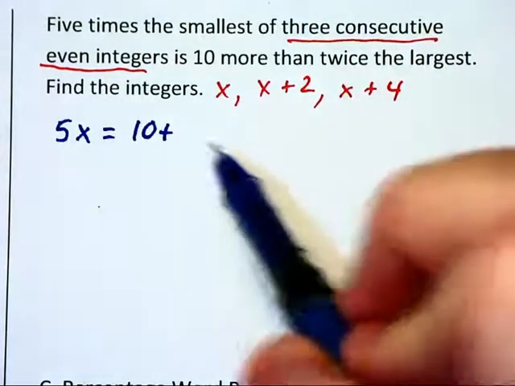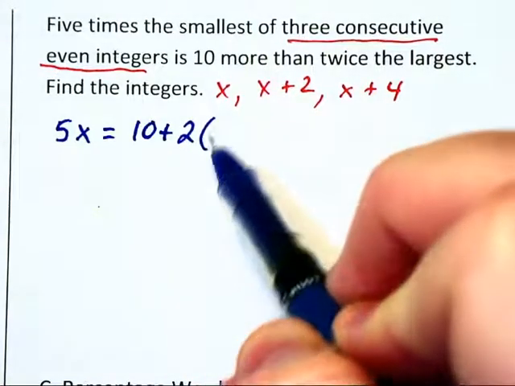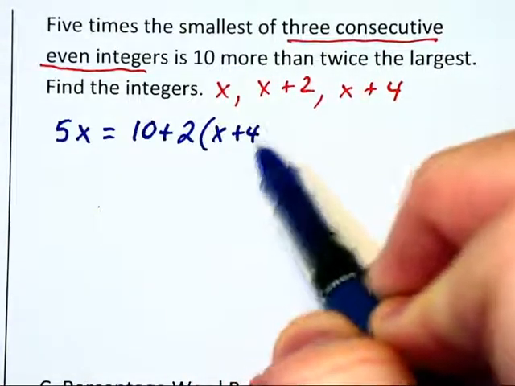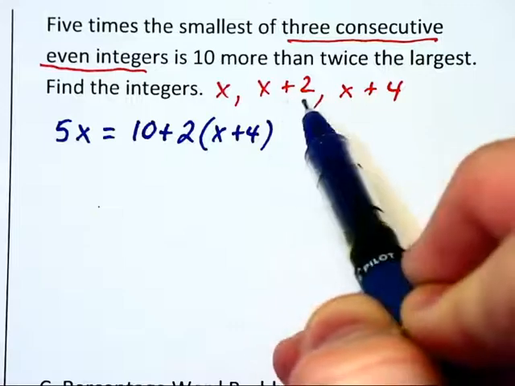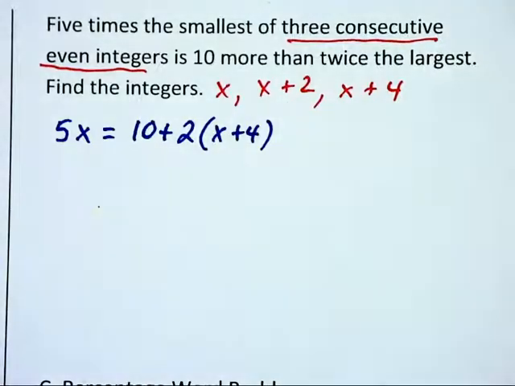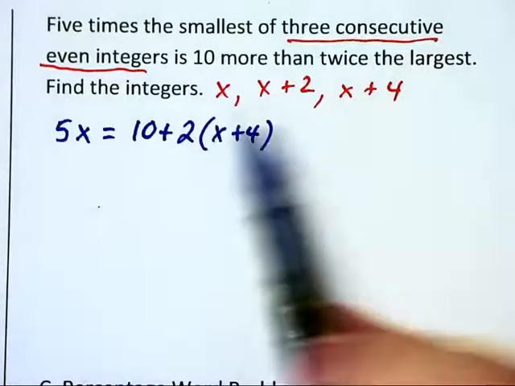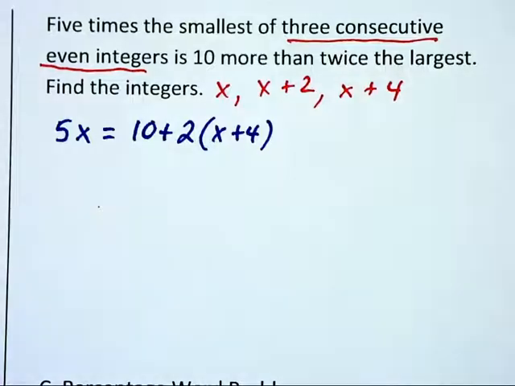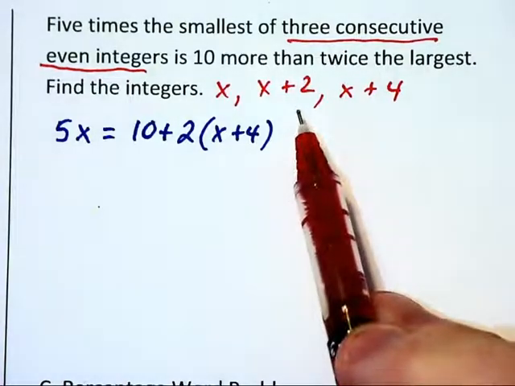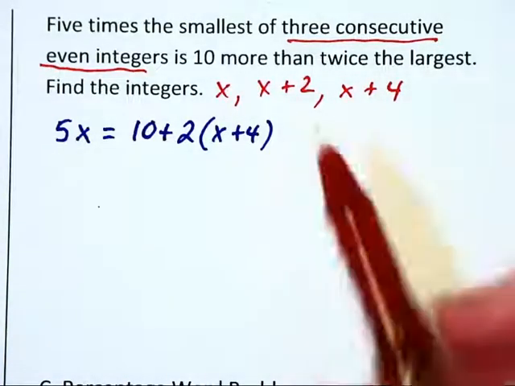Twice the largest, that's 2 times the x plus 4. Notice we did not put x plus 2 into the equation, but that wasn't necessary. We only needed the first and the third number to set this up. The second number is still there when we go to write our solution set.